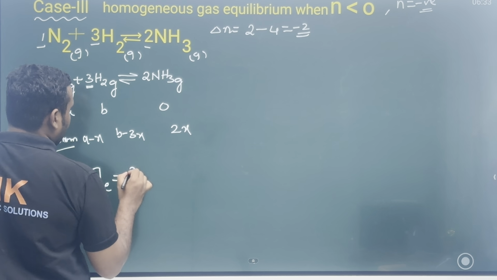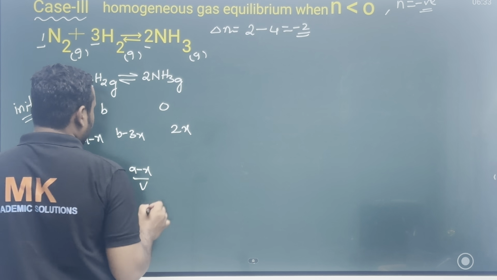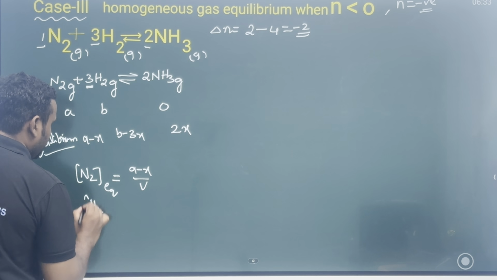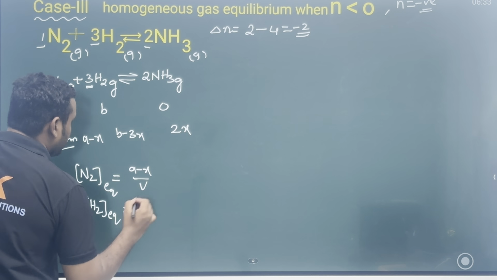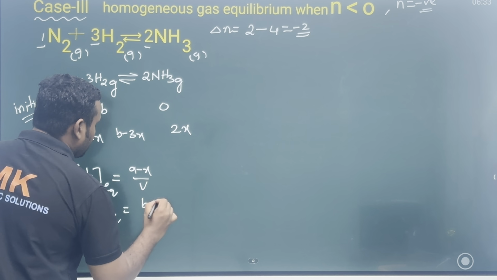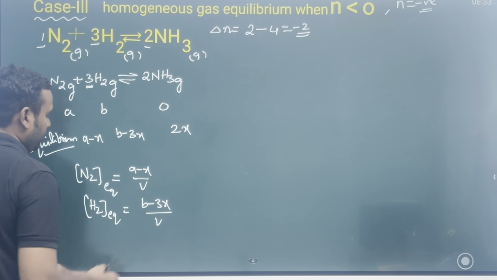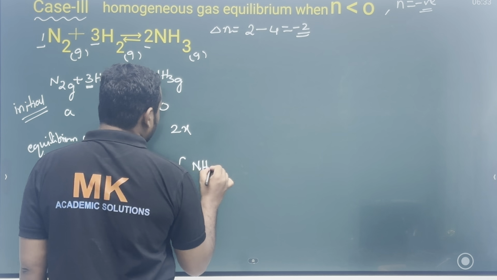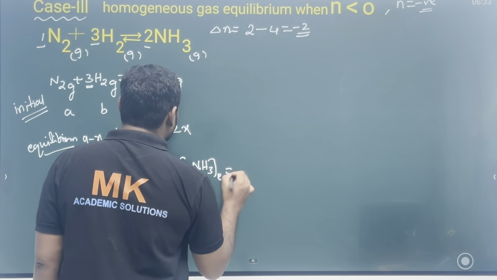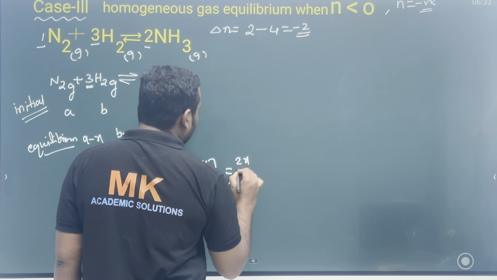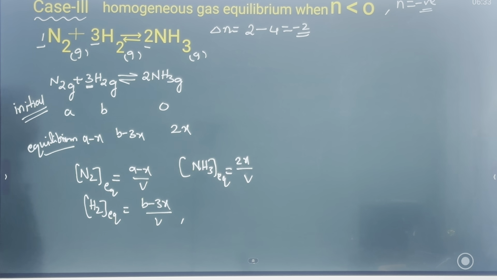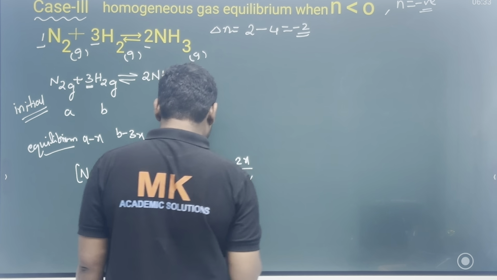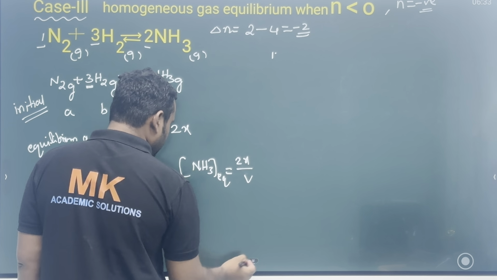That is A minus x by V. The equilibrium concentration of H2 is B minus 3x by V, and the equilibrium concentration of NH3 is 2x by V. These are the equilibrium concentrations. Now let us write the Kc for this.